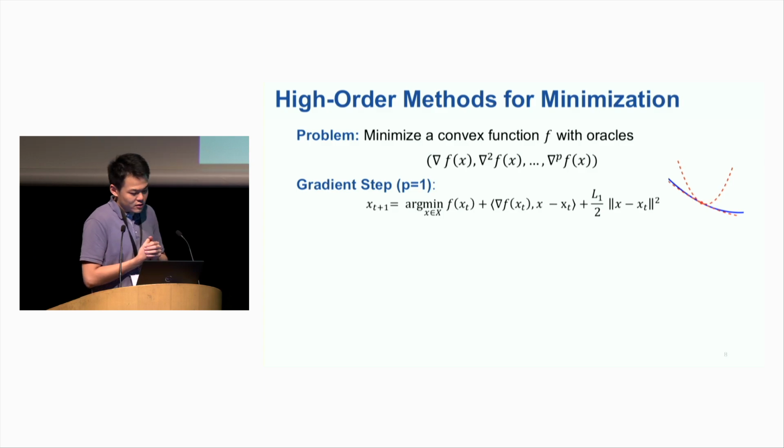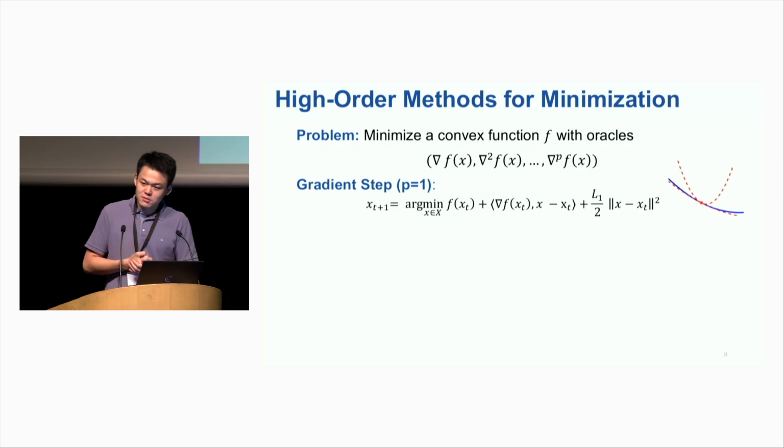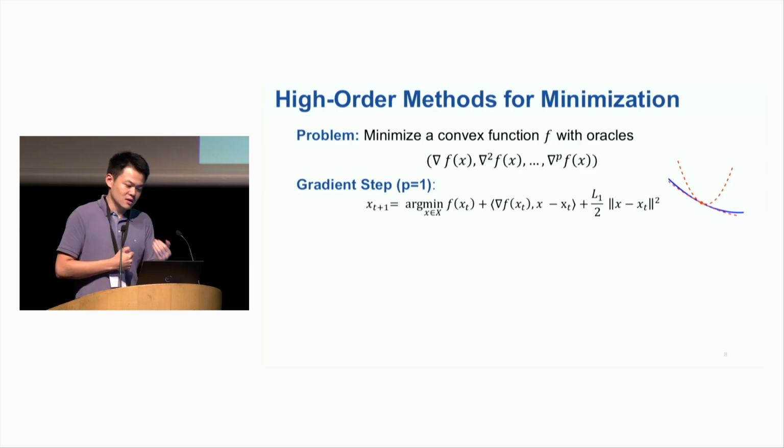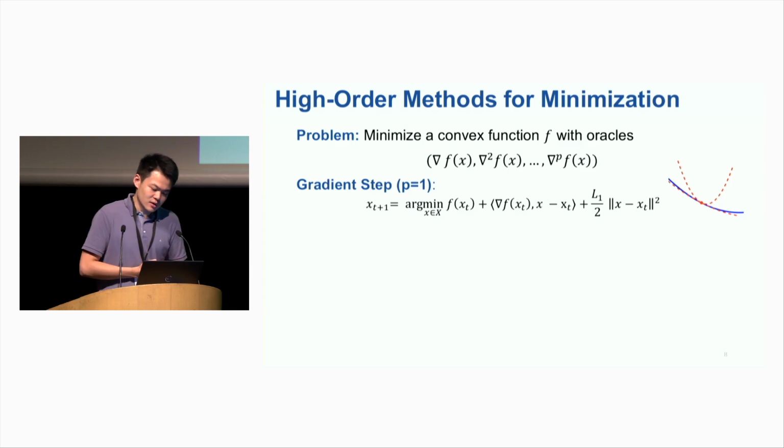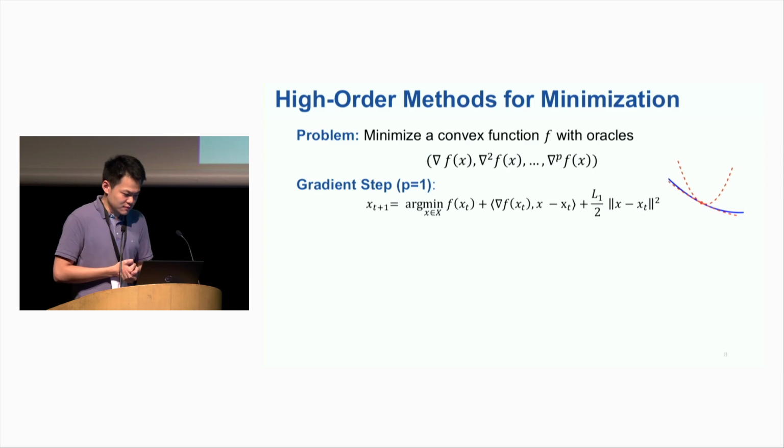What I mean by higher order methods is that when we minimize a convex function f, instead of just getting feedback in gradients, we can also get the Hessian or p-th order derivative. The gradient step can be thought of as minimizing a first order approximation in Taylor expansion, when p equals 1.